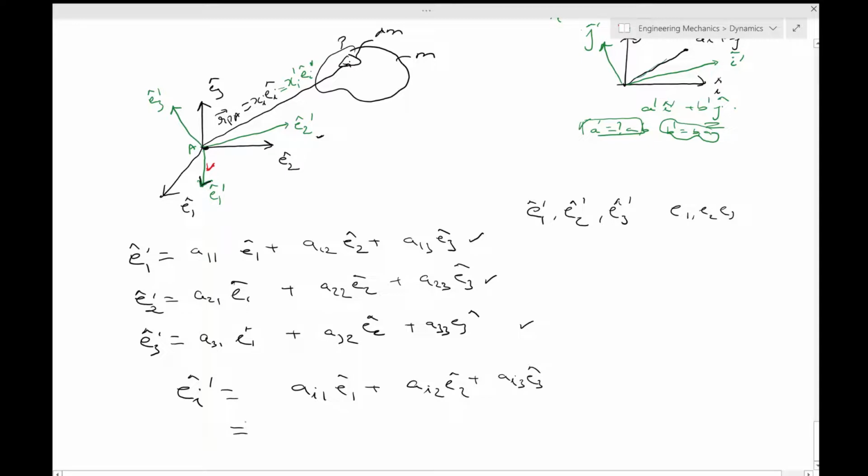You can just put i equal to 1 and you will get this expression. Put i equal to 2, you will get this expression. Put i equal to 3, you will get this expression. Now this can be written as Aip ep hat. This is equation 3.7.